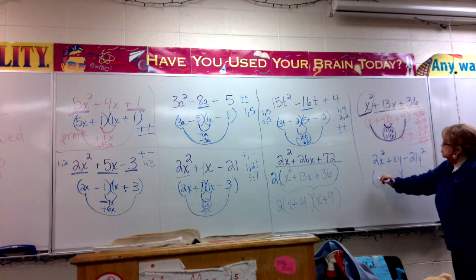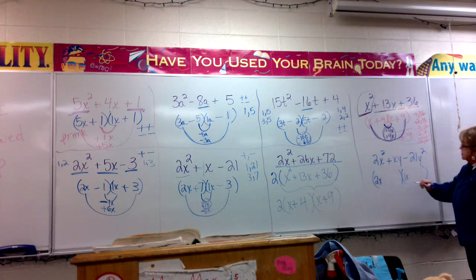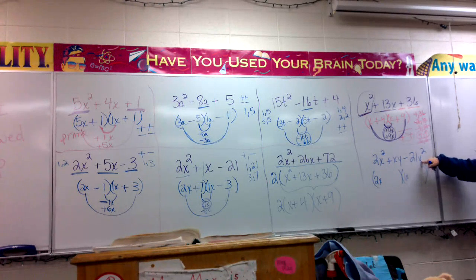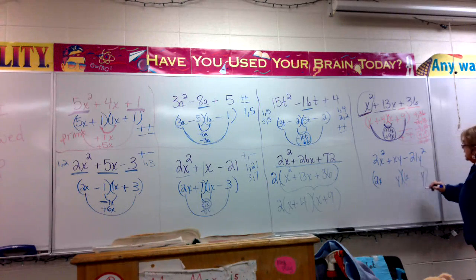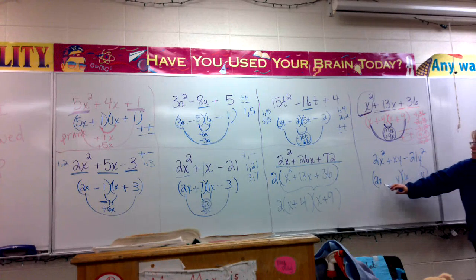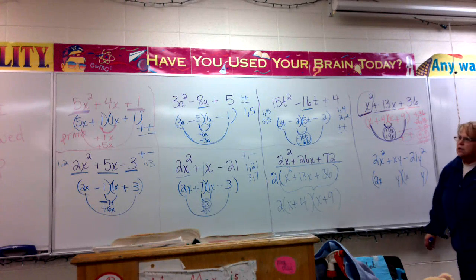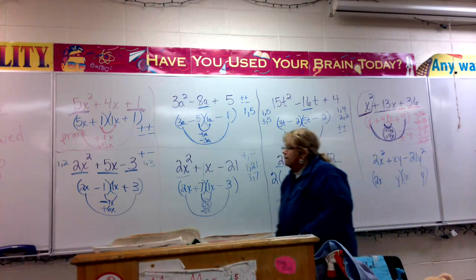This has to be 2 and 1, and the only way to get an x squared is x times x. Down here it's a y squared. The only way to get y squared is to do a y and a y. And then you can figure out what multiplies to 21 and gives you a 1 in the middle, right? So it's exactly the same. Easy, right? Not bad.